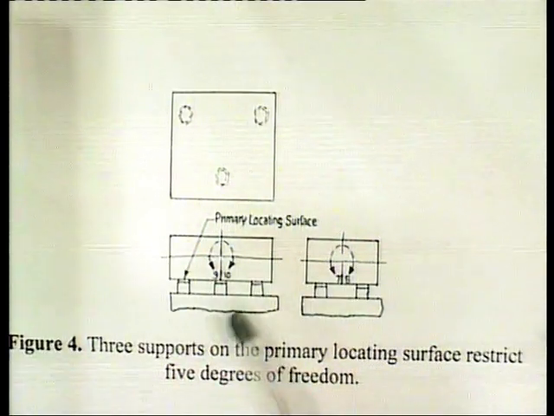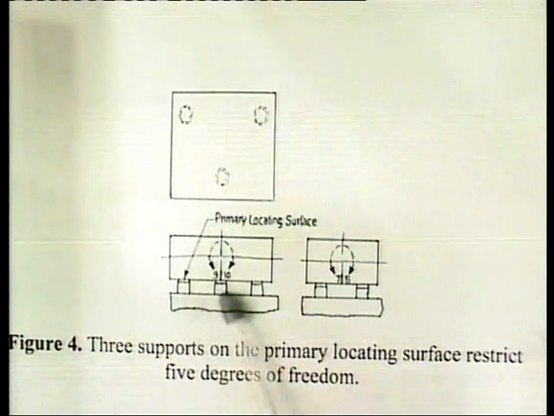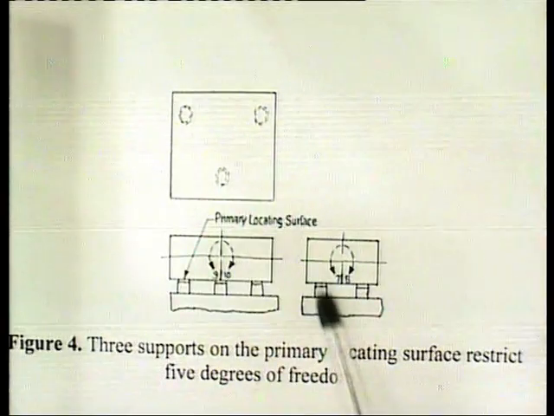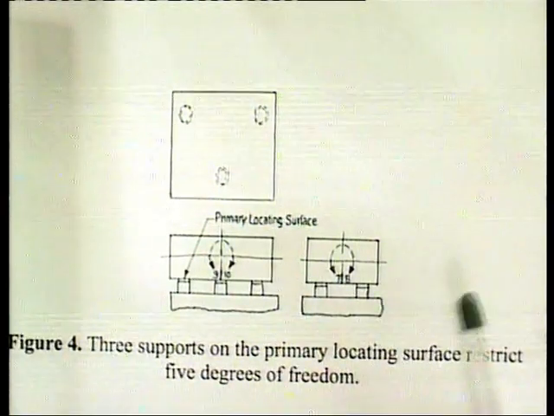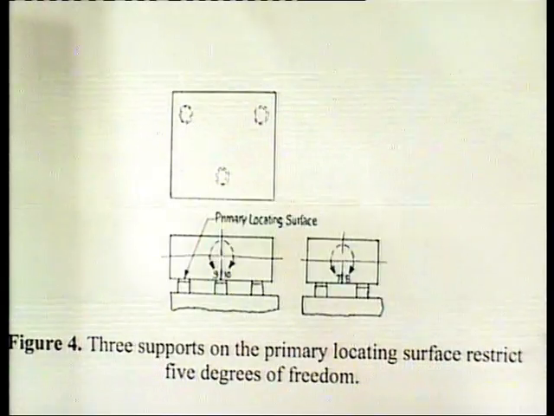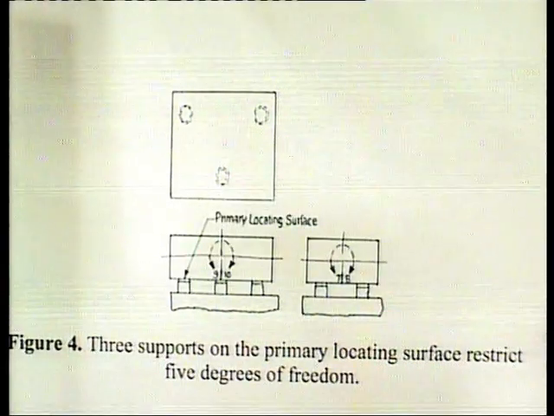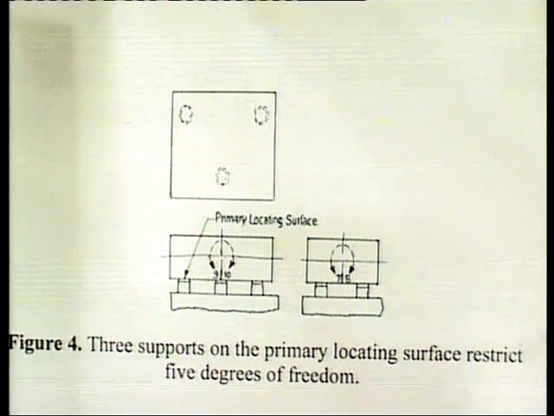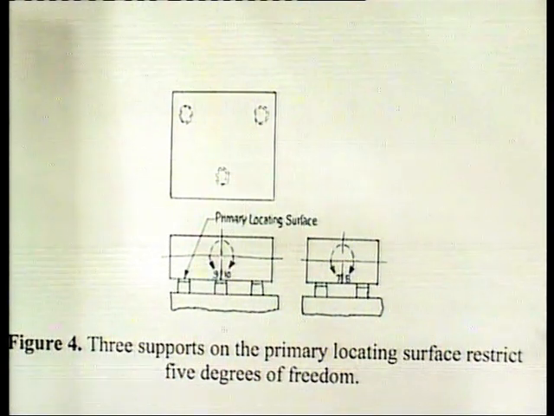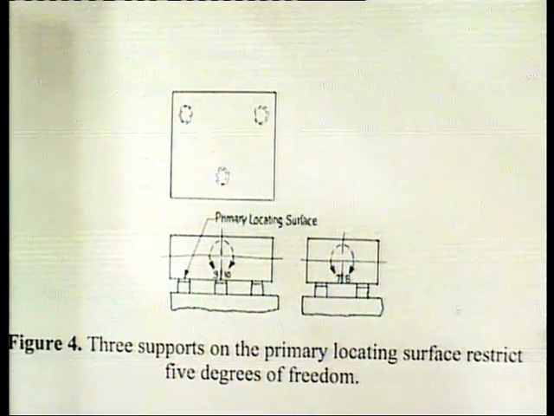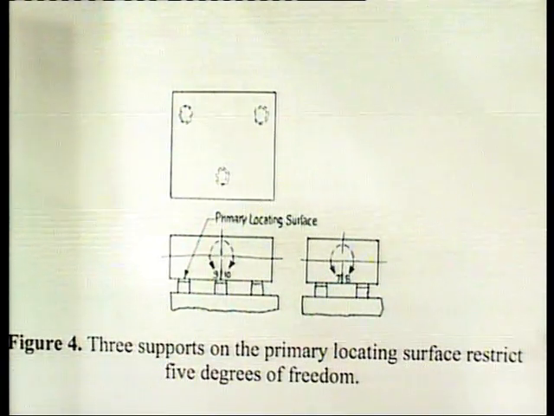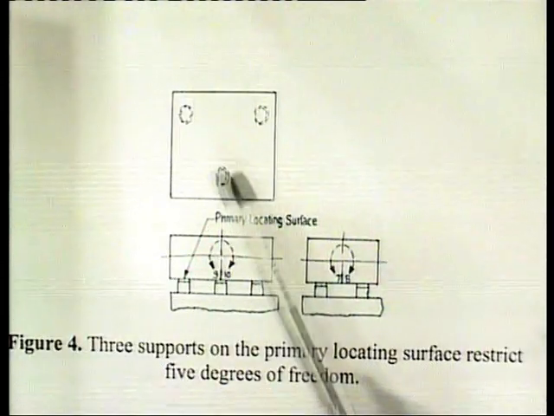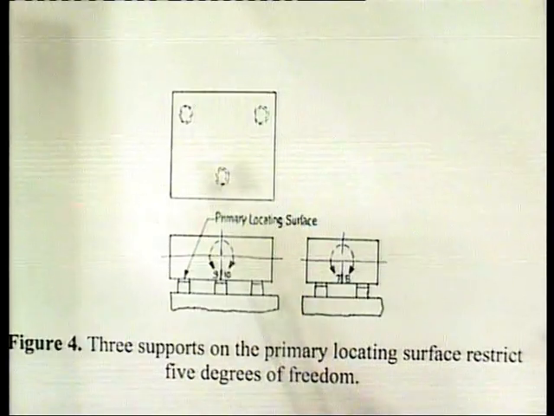From this front view we can see these 3 locators, and this is the side view of this arrangement, showing 2 locators. So, how these 3 locators restrict 5 degrees of freedom is as shown in this figure. 3 locators or supporters are placed under the workpiece.